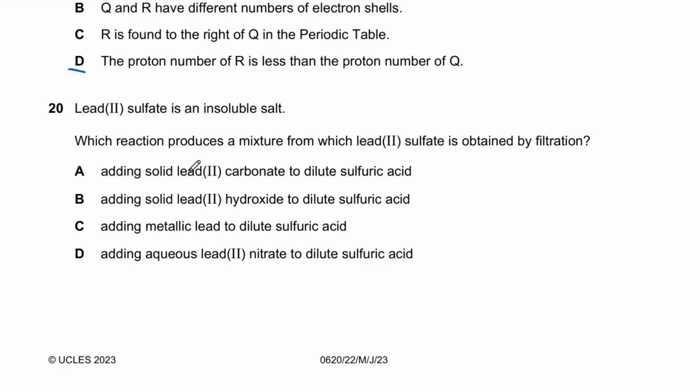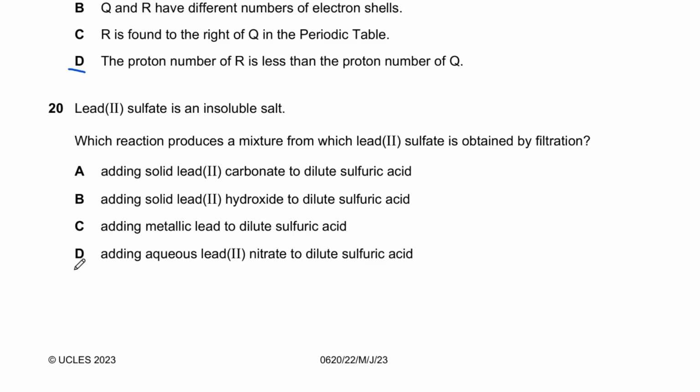A, adding lead(II) carbonate to dilute sulfuric acid, that is an acid-carbonate reaction, not precipitation, so it is wrong. Adding solid lead(II) hydroxide to dilute sulfuric acid, also the same thing, it is wrong. Option C, adding metallic lead to dilute sulfuric acid. Now that is metal plus acid, which will give us a gas, not a precipitate.